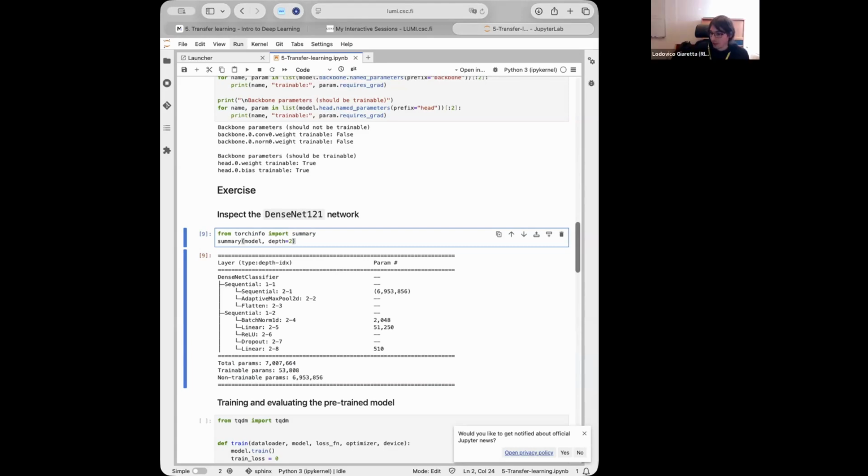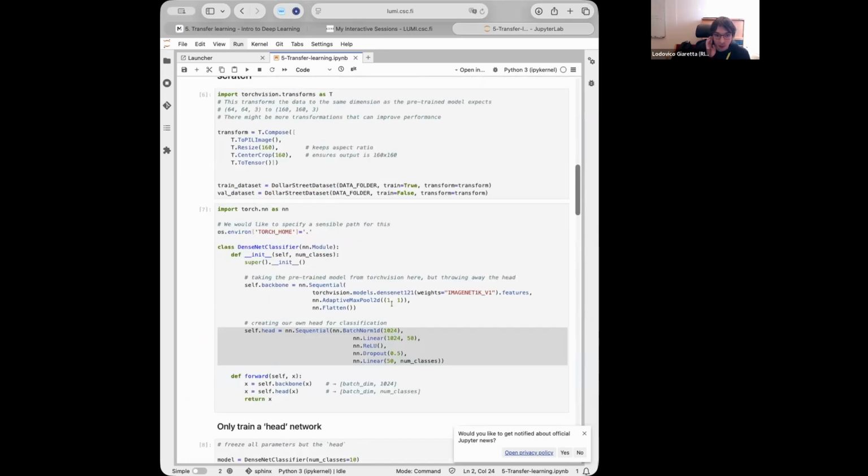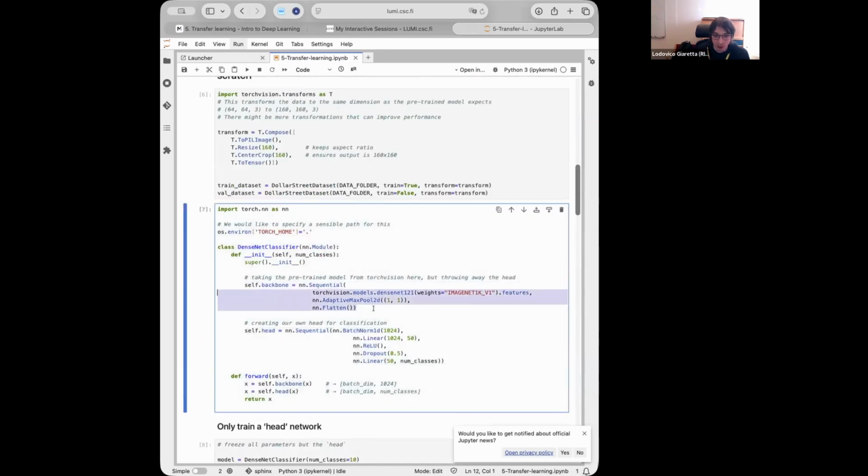So we are starting to get some answers for the number of parameters. And indeed, torchinfo makes it relatively easy for us. The total number of parameters is slightly over 7 million. However, most of those we can see are in this first sequential, sequential 2-1, which, if we go look at the class, is actually where we have our backbone, where we are taking from DenseNet.